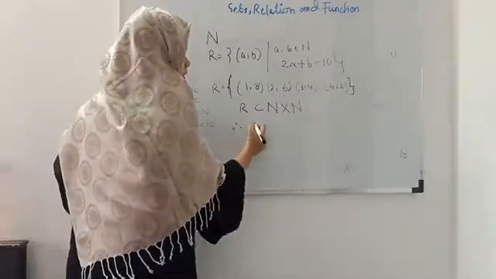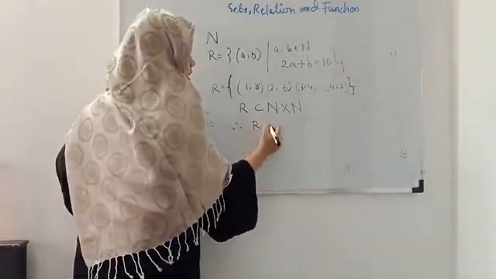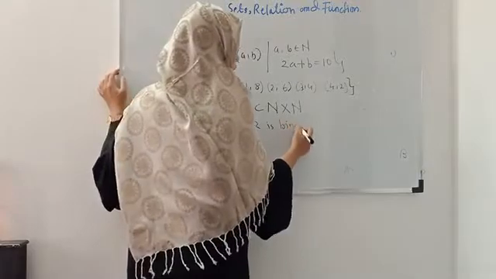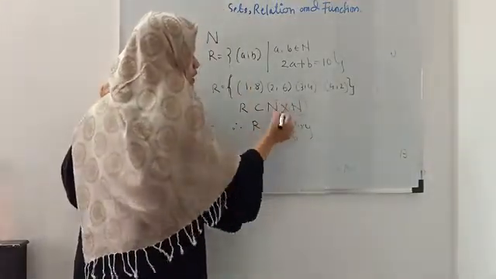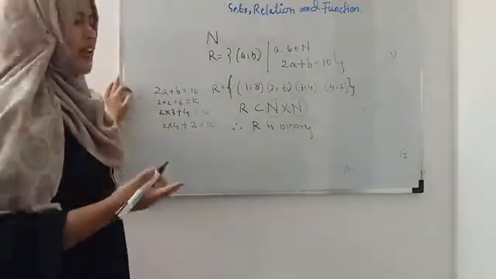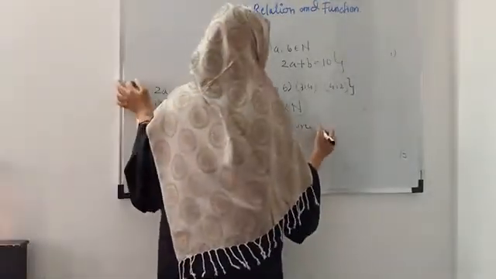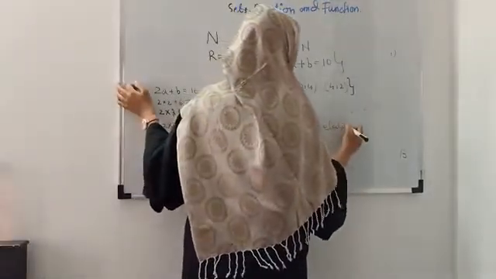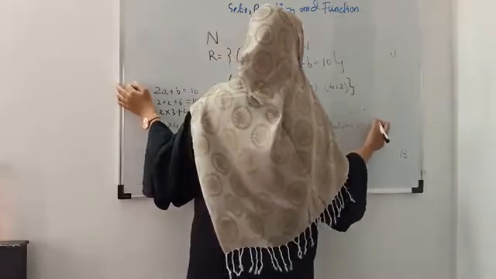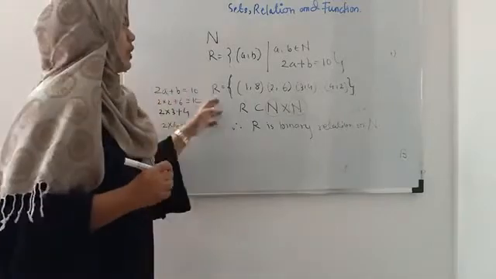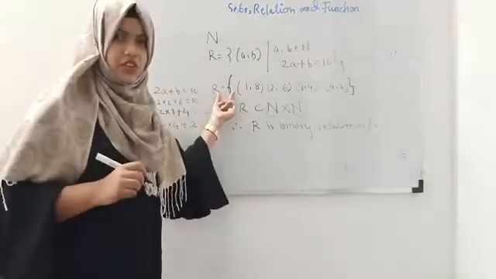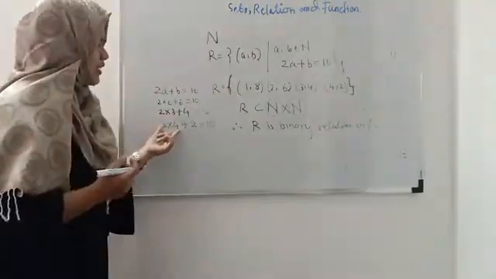Therefore, R is a binary relation. Why binary relation? Because only one set is there, N and N. Okay, R is a binary relation on N. So for the binary relation, first of all you need to find out the elements of that relation by taking all the possibilities.